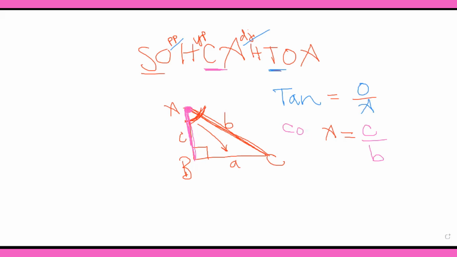So in our little scenario here, if we did the tangent of A, I picture myself sitting here at the angle. The opposite, I go straight across from that angle to the side that is straight across. Opposite of A in our case is little a, and the adjacent is C. So the tangent of big A would be little a over C.